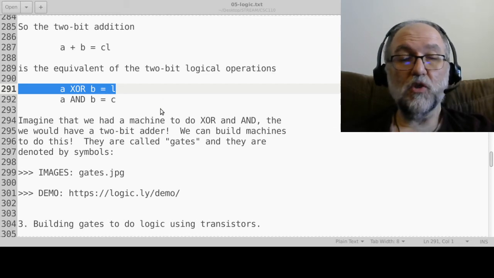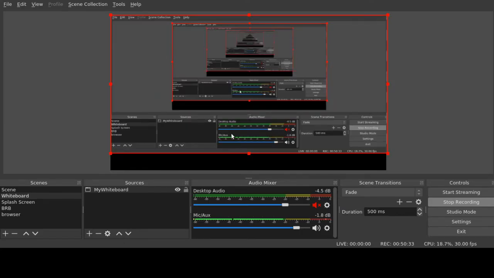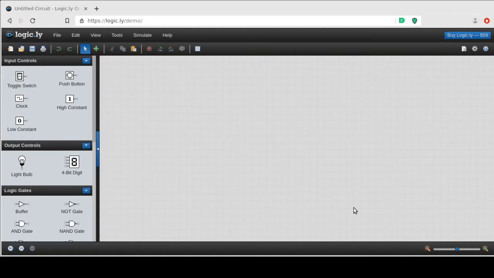And so there's this wonderful site. Let me bring that site up for you. This will take just a second. There it is. Okay. So there's this site, and it's a little hard to see up here, but the URL is logic.ly.